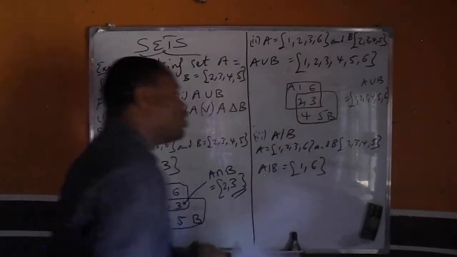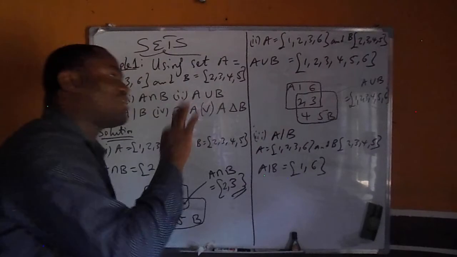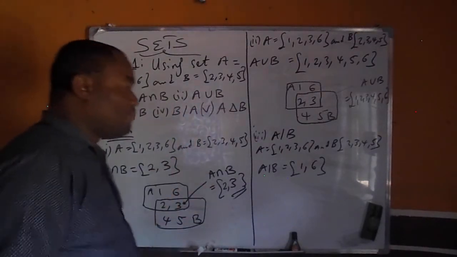Which gives us only 1 and 6. That is why we say A without B: what we have in A that we don't have in B.